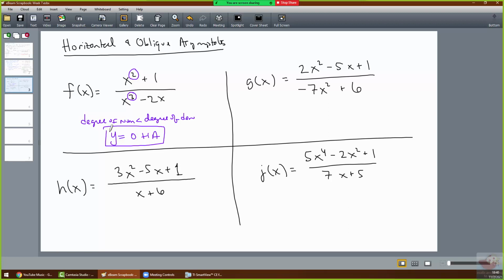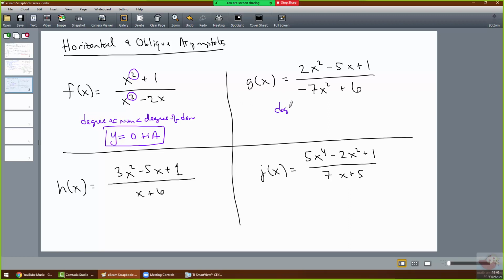We'll go through all 4 cases and then I'll talk about why things are the way they are. In g of x, tell me about the degrees of the numerator and denominator. The degrees are the same. Excellent.